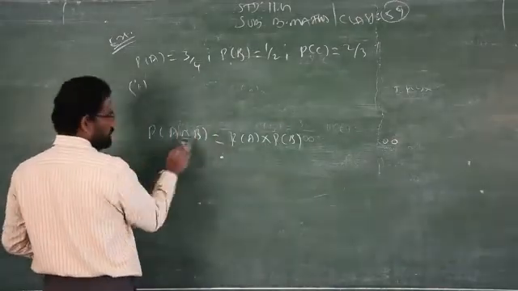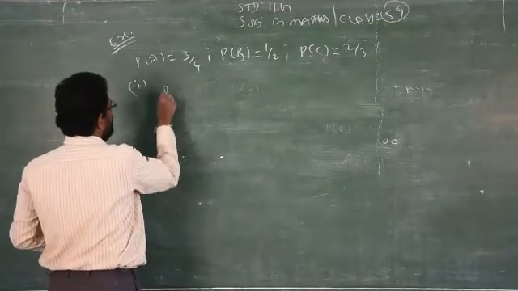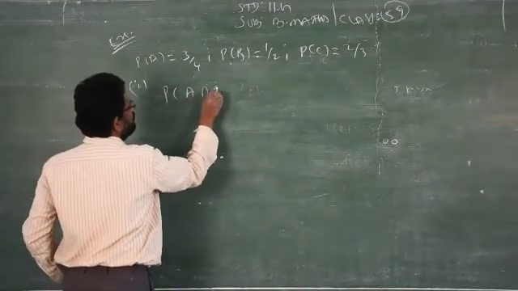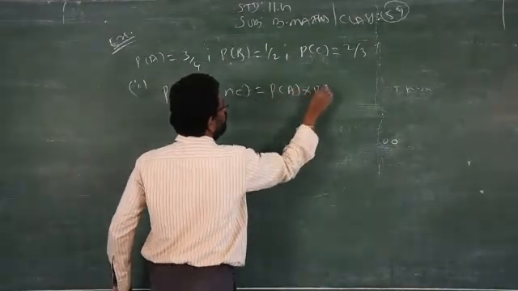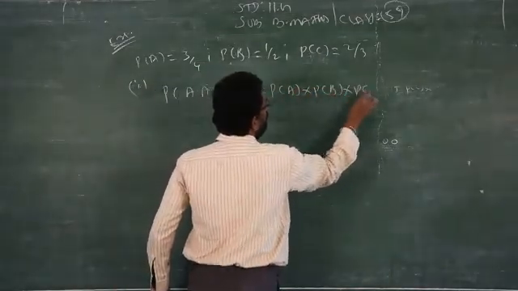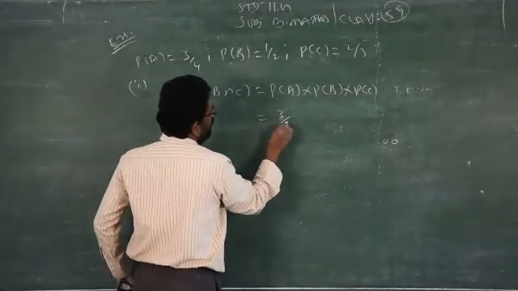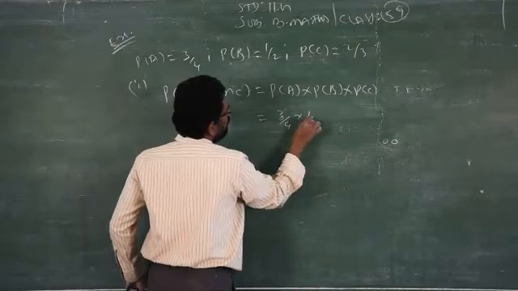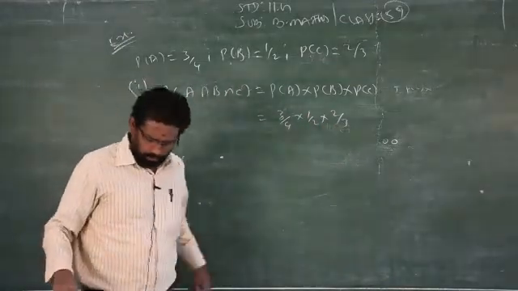For independent, this is the formula for 2 events. If it is 3 events, you just have to extend it, that's all. P of A intersection B intersection C is P of A into P of B into P of C. Clear? You just have to write down the corresponding probability for A, B and C. Multiply, you will get the answer. You multiply or you can use calculator, that is your wish.